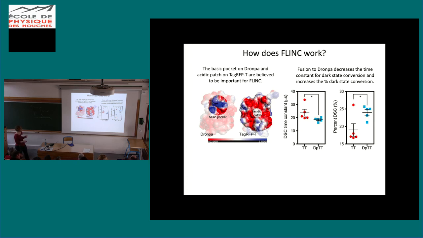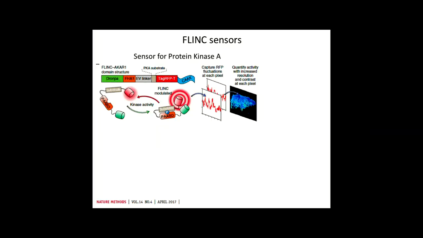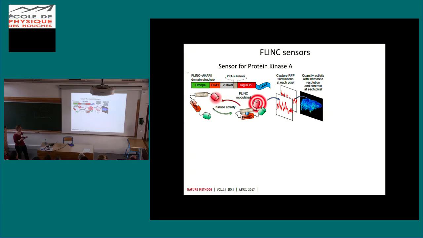And you can actually see a difference in this dark state conversion. You can see here that there's a greater fraction of molecules that convert to the dark state when TagT is fused to Dronpa. Okay, so it's not hard to imagine how you could turn this into a sensor since it depends on proximity.